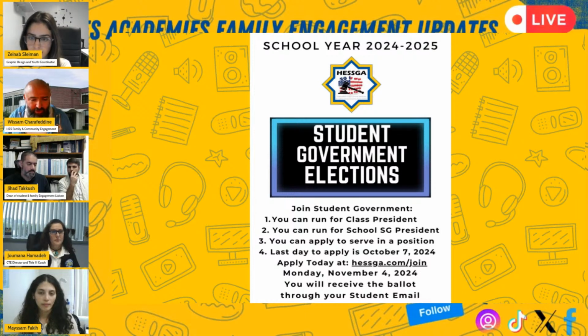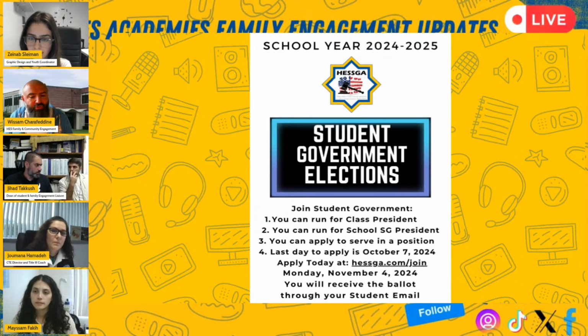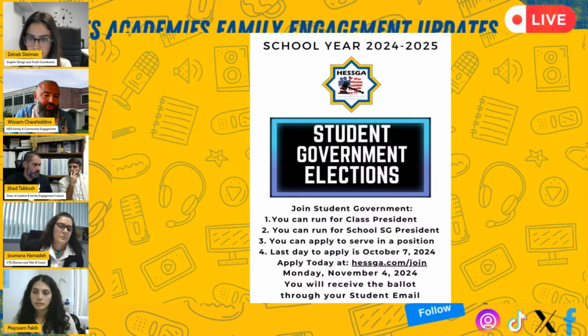As you know, student government mirrors the federal government, so our elections are on the same day as the federal election. The federal election is usually on the first Tuesday after the first Monday of November. So in this year's case, the federal elections will be on November 5th.